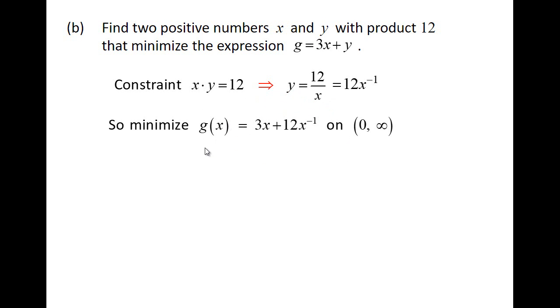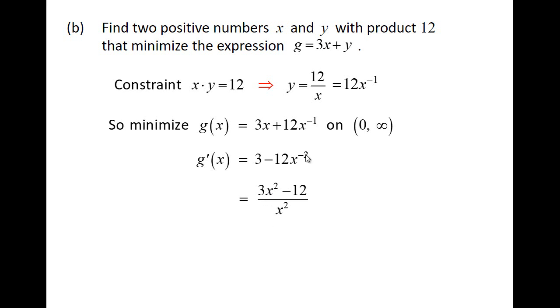All right, so to find the minimum value of this function on this domain, we find the derivative, which is 3 minus 12x to the negative 2, and if we simplify that, we get (3x squared minus 12) divided by x squared. And we see that this derivative is undefined when x is 0, but that's not in the domain, so we don't care about 0.